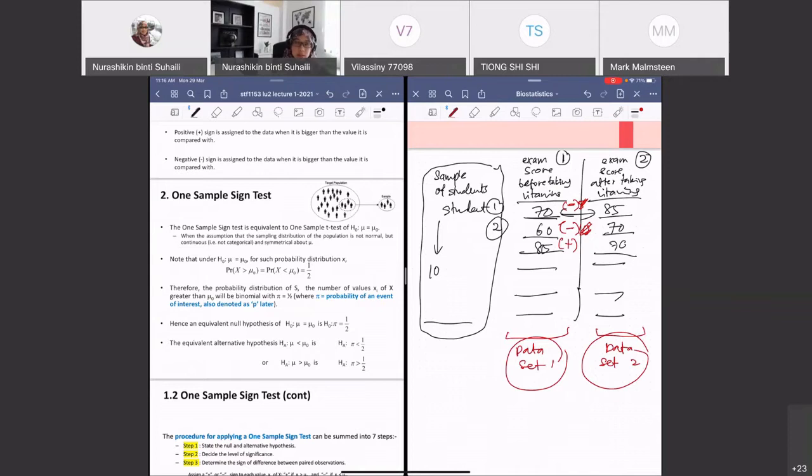But the downside or limitation of this test is that in terms of the strength of statistical tests, it is not a strong test, because we don't have much information about how much data set 1 is different from data set 2, for example.